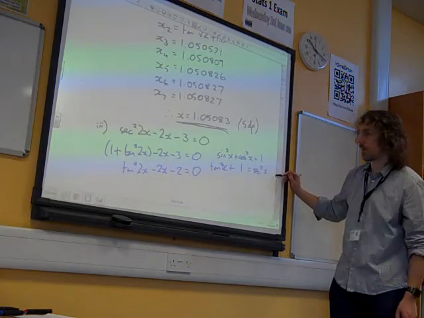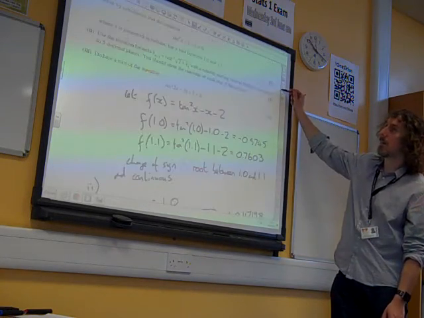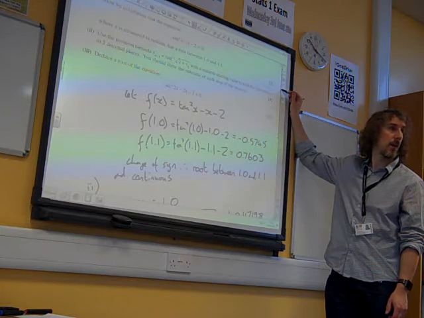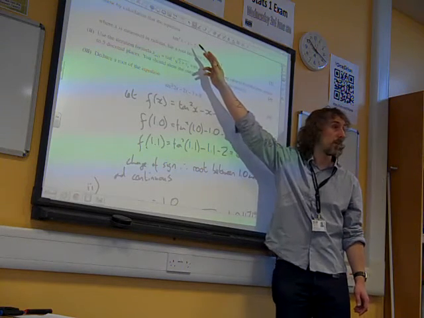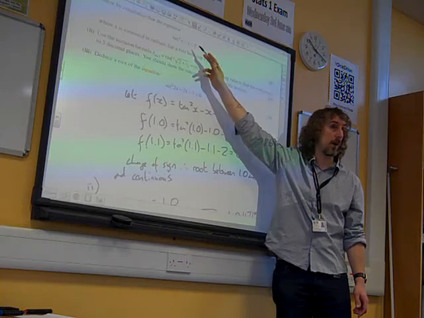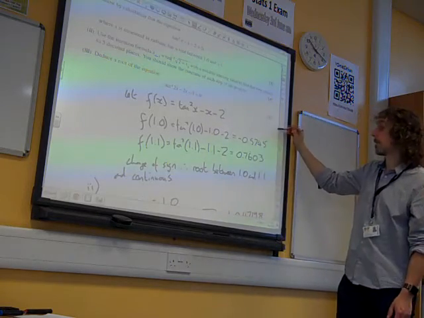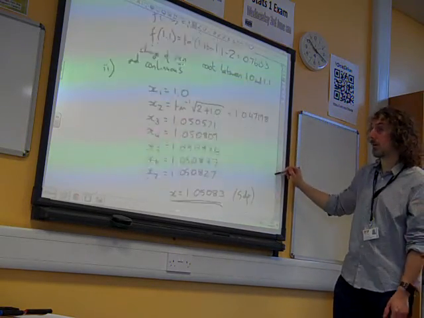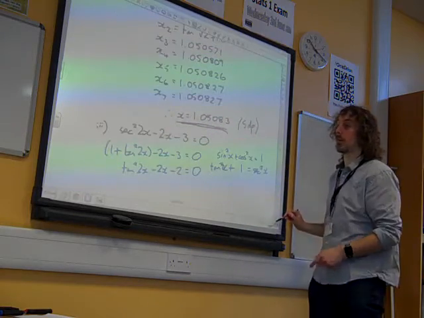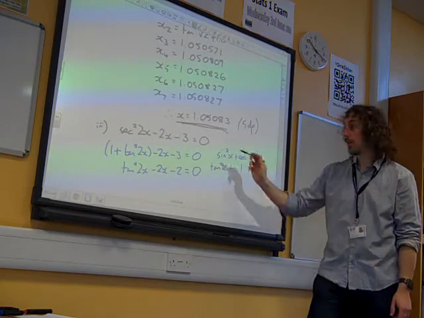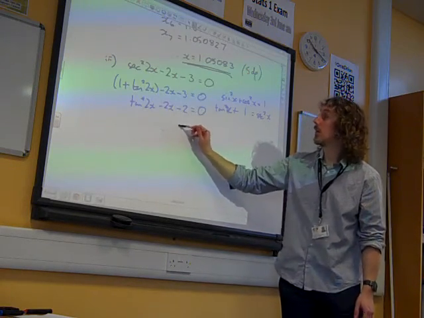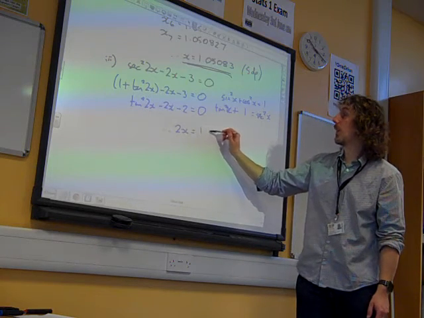And no coincidence, that is very similar to what we had up there. It's the same equation, but instead of x, we've got 2x. Now, when we had x, that was the solution to it, so that is the solution as 2x this time.